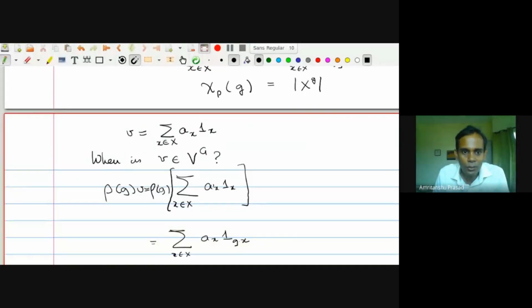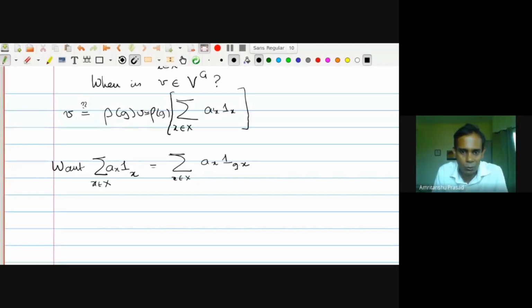I want rho g of v to be equal to v for v to be fixed. So I want the summation of a sub x 1 sub x to equal the summation of a sub x 1 sub gx.